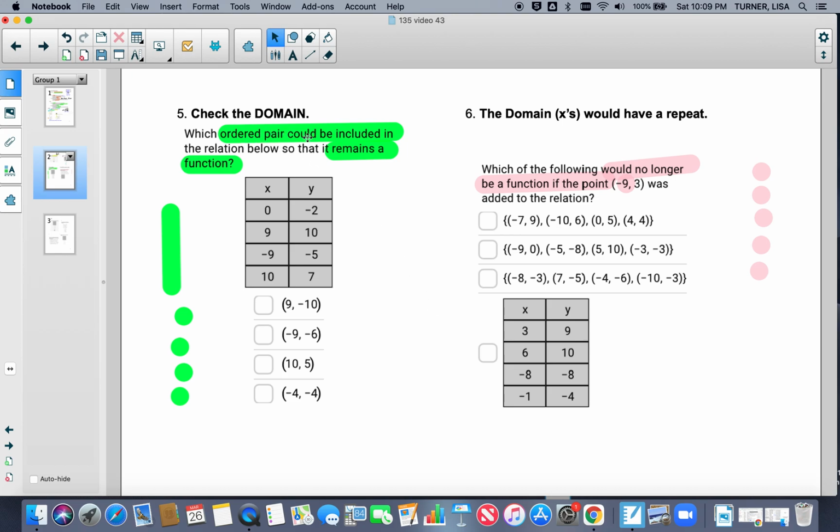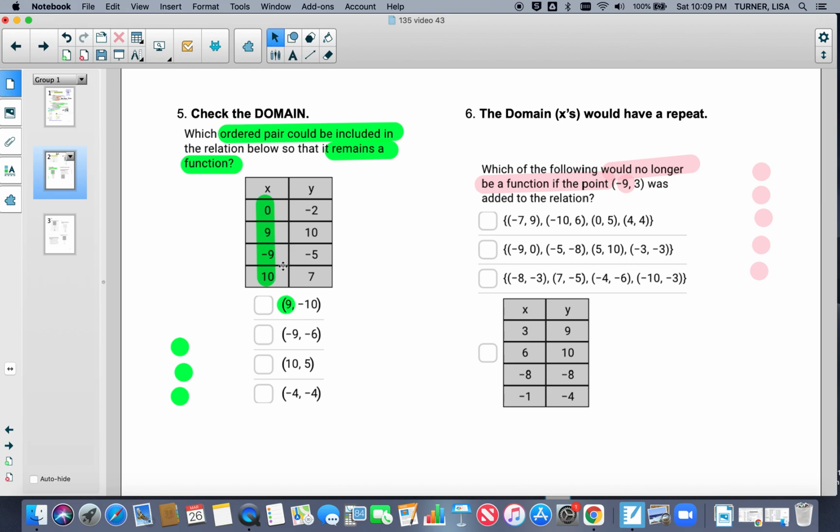Which ordered pair could be included in the relation so that it remains a function? So it has to have no repeat. So I'm looking, it's asking me about function, if it's a function or not, so I'm going to focus on the domain. That's why the note up here is written, check the domain. So which point, so I'm going to look at the x values. Would it remain a function?